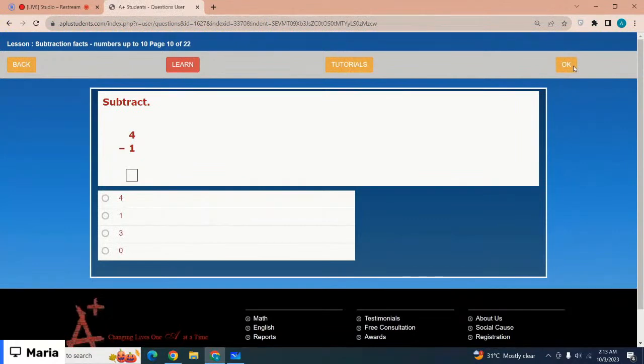The next one is 4 take away 1. So 4 take away 1 equals 3. The correct option is 3.